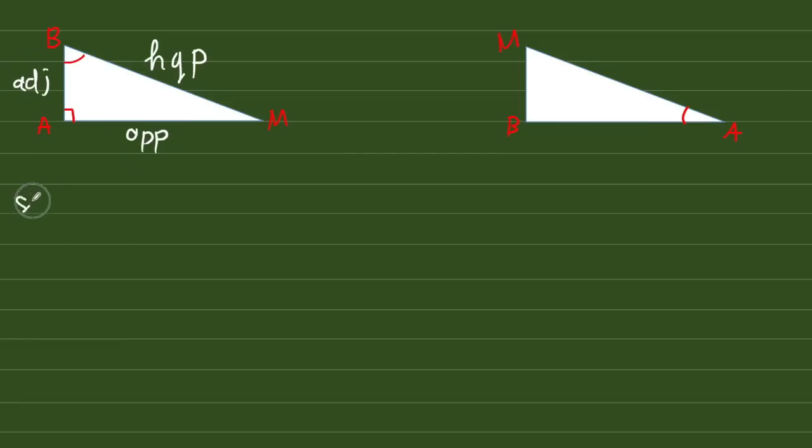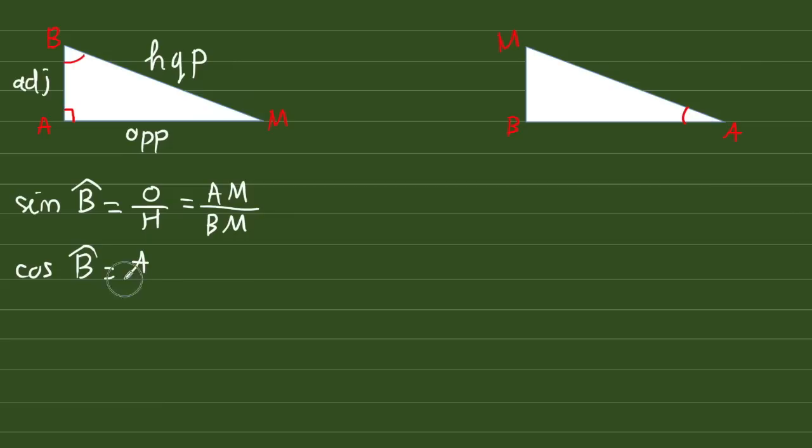I want to determine sine of B, which is opposite divided by hypotenuse. The opposite is AM, and the hypotenuse is BM. How about cos? Cos of B is adjacent divided by hypotenuse: the adjacent is AB and the hypotenuse is BM.